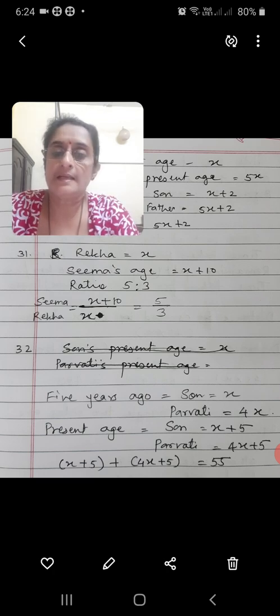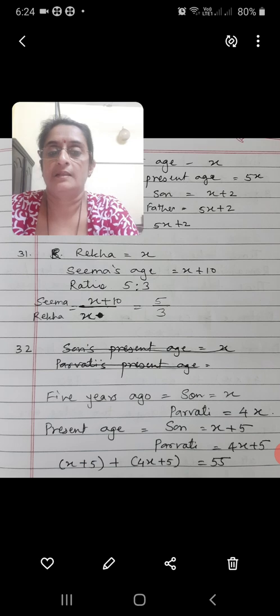Now the present age. 5 years ago the son was x, so the present age, today's age, is x plus 5, and Parvati's age is 4x plus 5, because both of them have increased by 5 years. Okay, now if you add their present ages, the sum is 55.